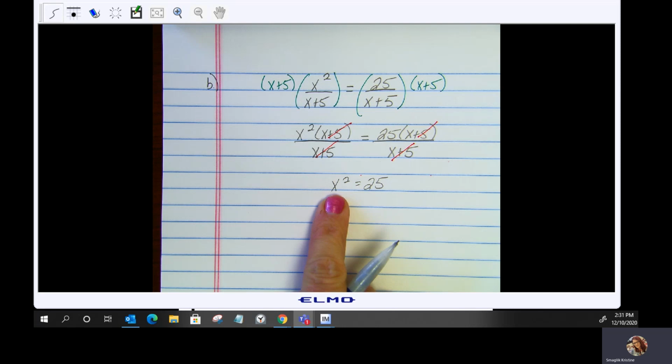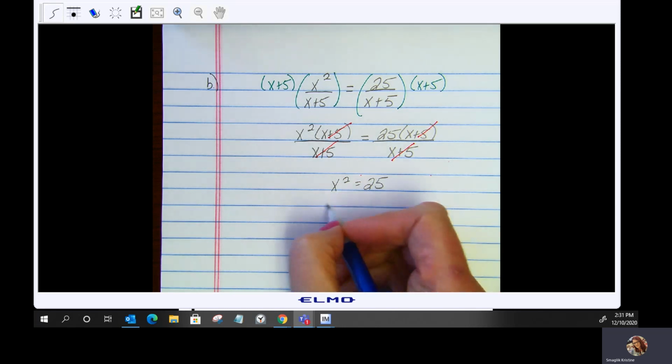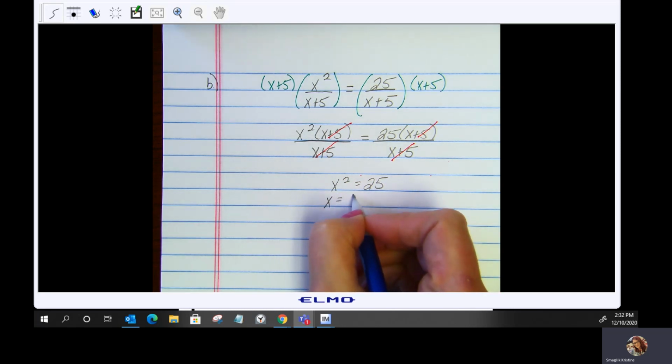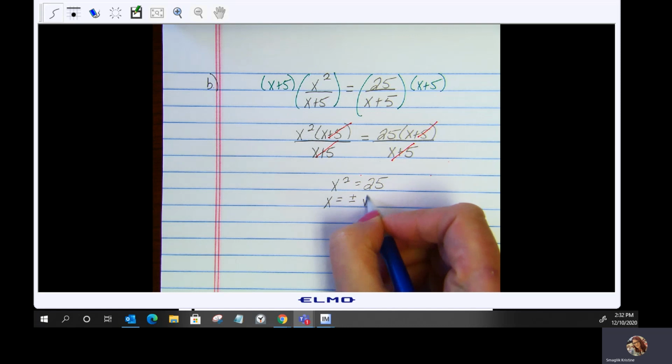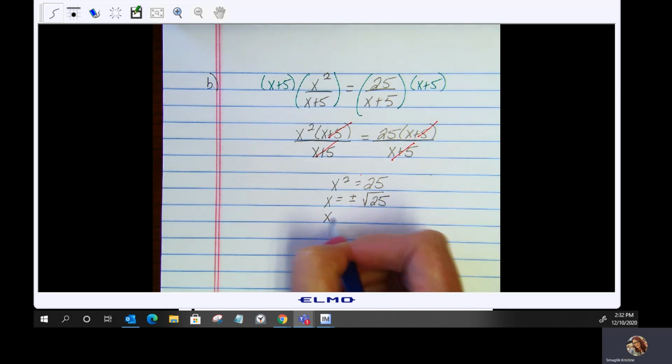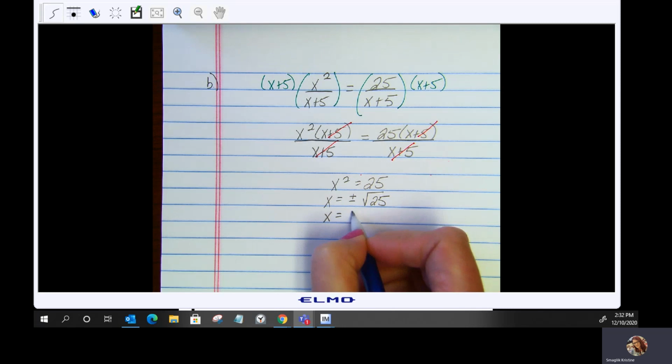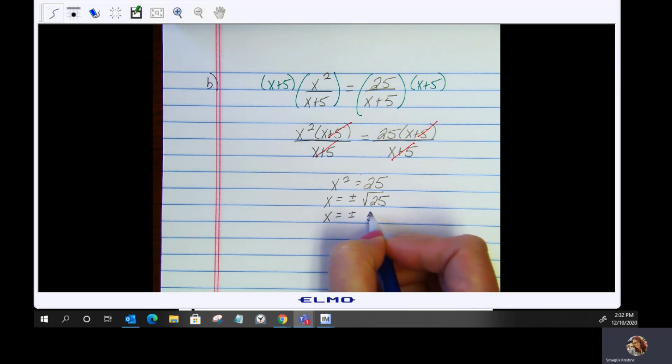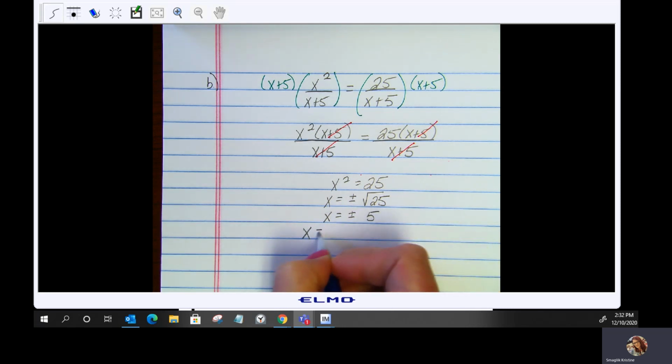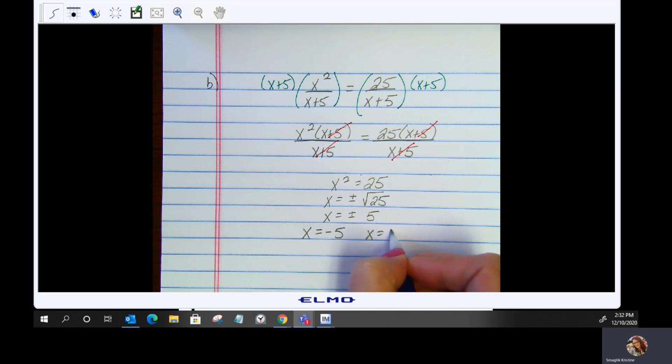I'm going to use the square root property to undo the square. X equals plus or minus the square root of 25. So here's my two solutions. X equals plus or minus 5, which means I have x equals -5 and x equals +5. Now let's check.